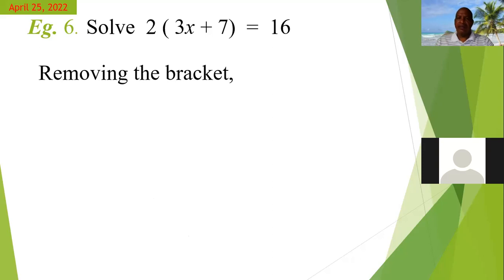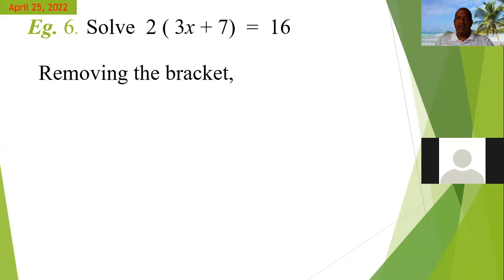So you are getting rid of the 2, so you'd have to divide both sides by 2. And so when you divide the left-hand side by 2, you would only have 3x plus 7 remaining on the left-hand side. And then on the right-hand side, divide 16 by 2, you get 8. So you'd have 3x equal to 8. So that's one way to approach it.